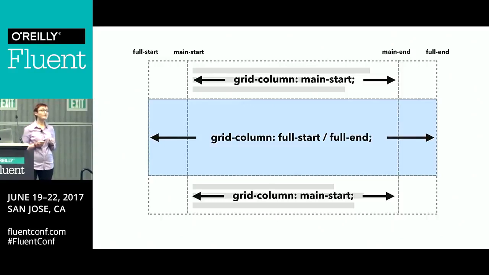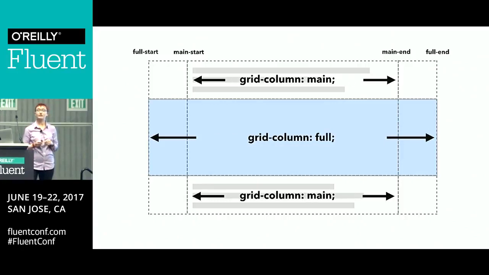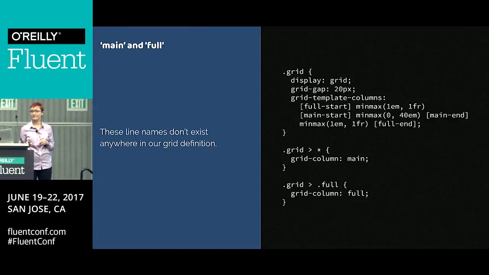But that still isn't quite the same as the example, because the example looks more like this. It uses names full and main rather than specifying start and end lines. It's kind of like it's targeting the track or the tracks rather than the lines themselves. But line-based positioning always targets lines. It doesn't target tracks. We don't have a concept of that. We seem to be using line names that don't exist in the grid definition.